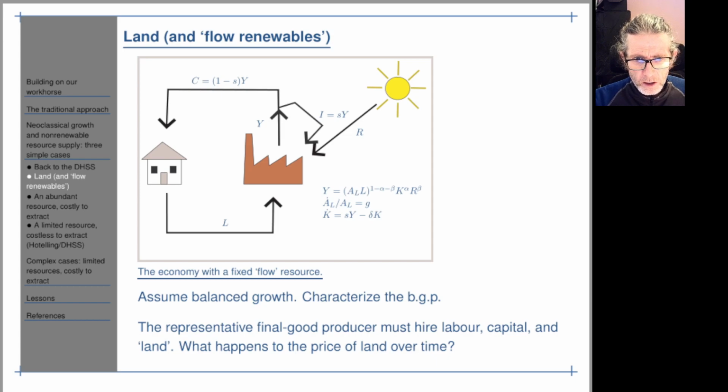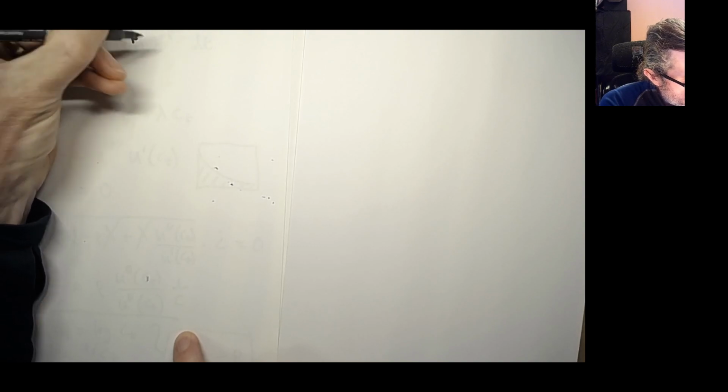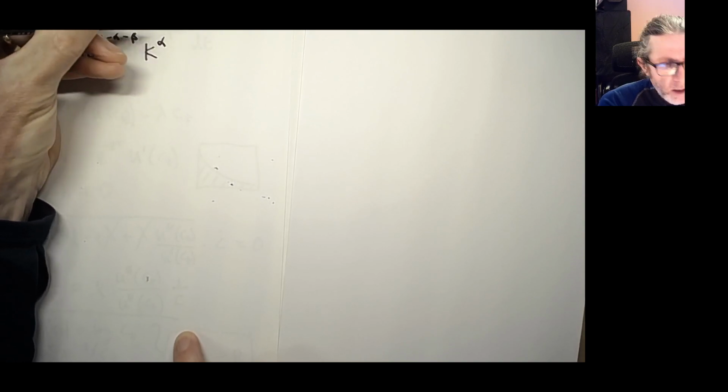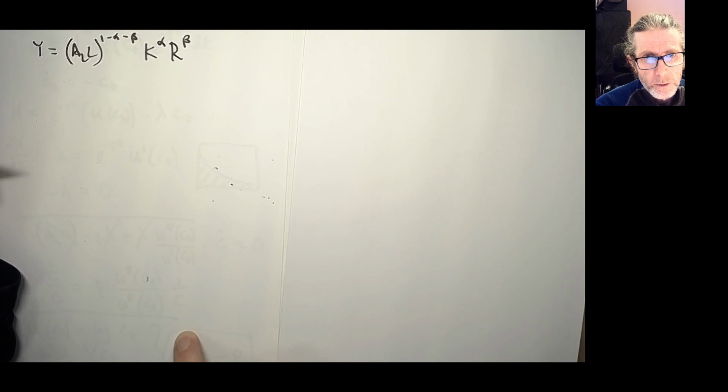So what have we got? I'm going to go over to here, and we have Y is (AL) to the 1 minus alpha minus beta, K to the alpha, R to the beta, and AL is growing at a rate g.